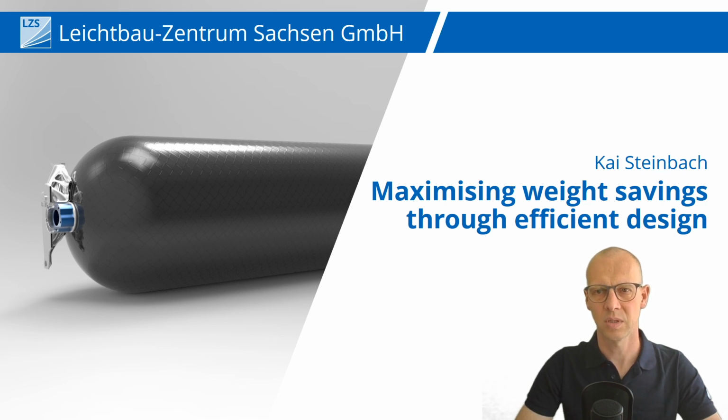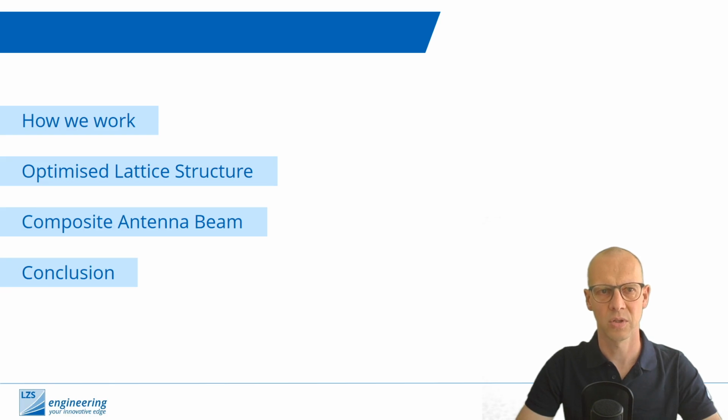So what we are going to do today is that I want to show you how we at the LZS use a very efficient design process and methodology to maximize your weight savings in the design process. And I prepared some slides for you.